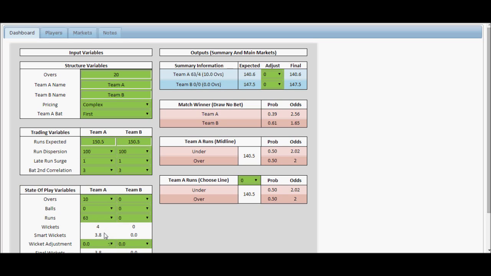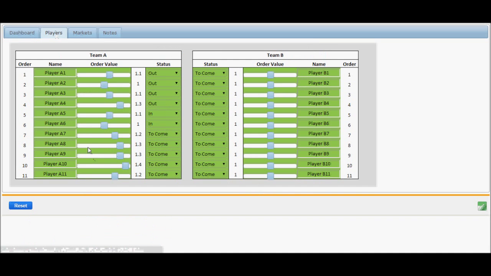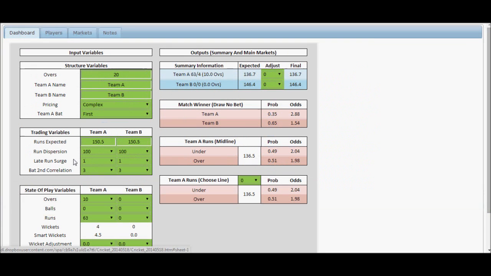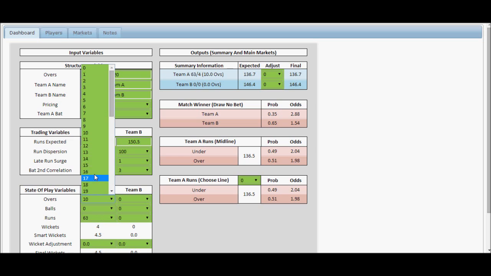They're not quite as bad being 4 down as you might have expected. So just to go back the other way again, if you've got a lot of bad players to come, then the smart wickets goes up. And again, if you go a few more overs in and a few more runs, this is going to be reacting to how likely these guys are to get a bat.